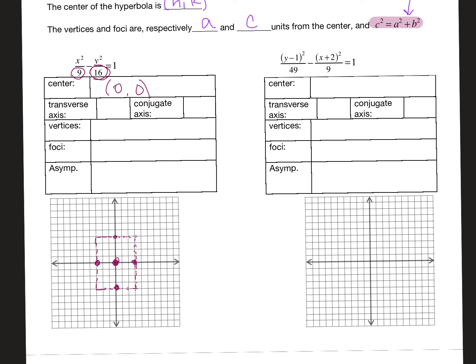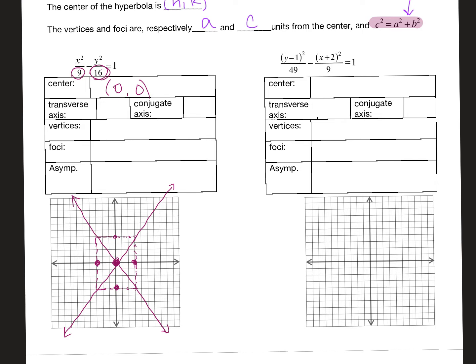They go through the center, and they're literally the diagonals of that box that you just drew. So it's going to look like this. On my iPad where I'm making this video, I do not have the ability to use a straight edge, so I'm doing the best I can. On your paper, if you have anything straight to draw this with, it just makes it a lot easier. So there are the asymptotes. That's actually not that bad. I'm actually kind of impressed with myself.